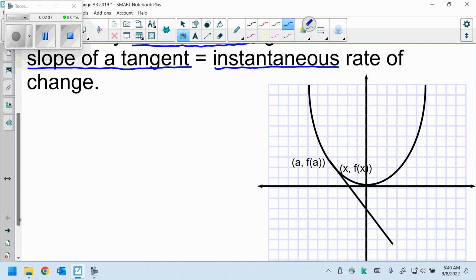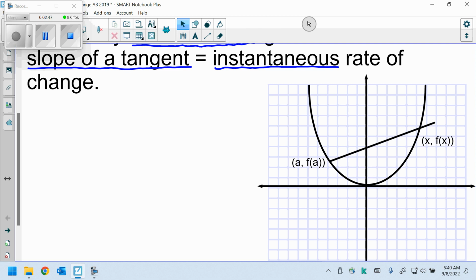Let's take a look right here. Let's take this and move this over here. Now right now, this looks like a secant line, doesn't it? I am interested in finding the slope of the tangent right here.